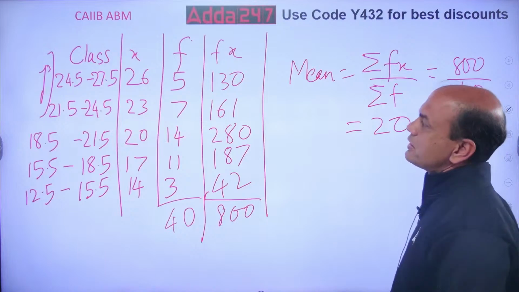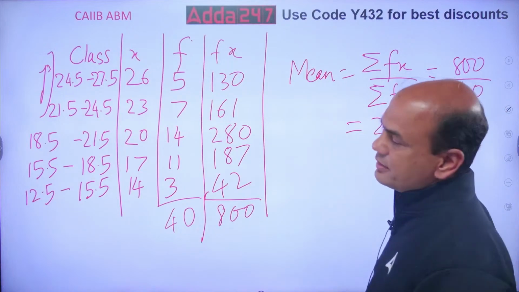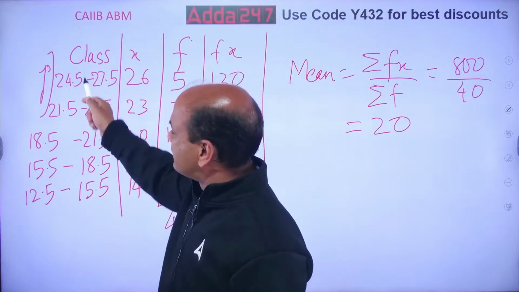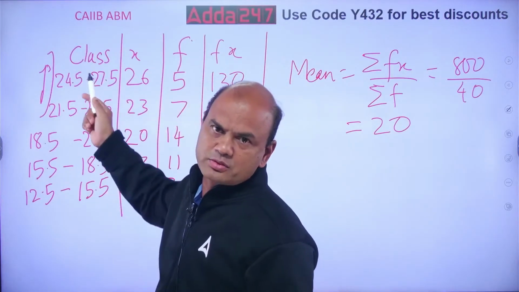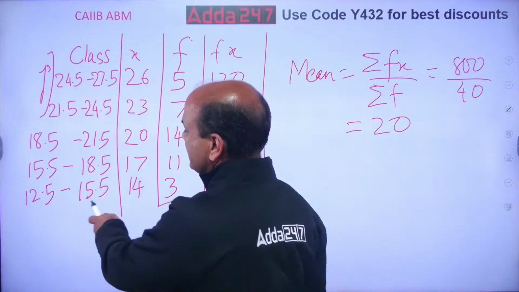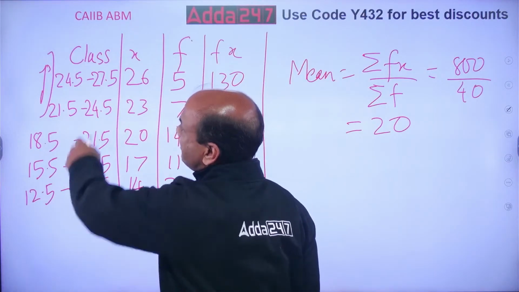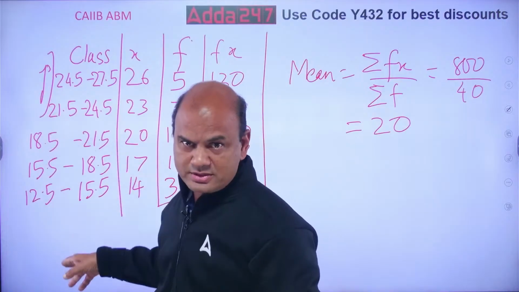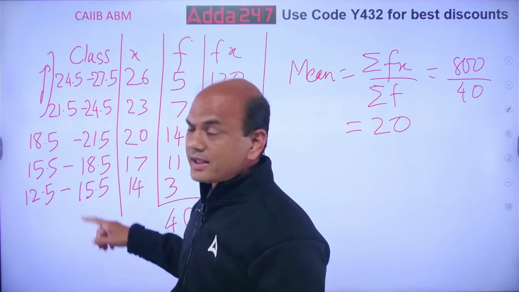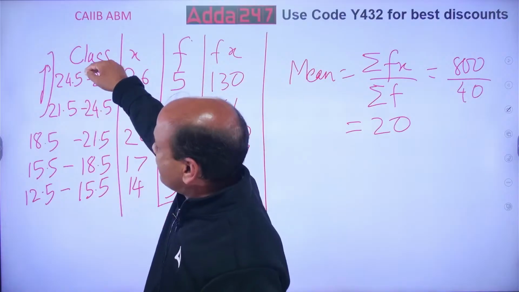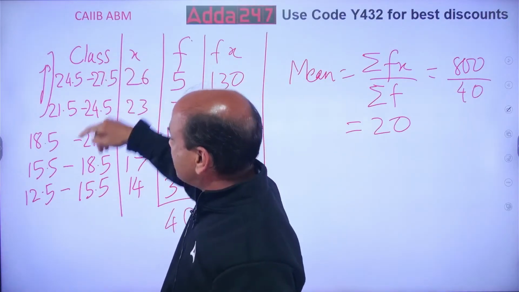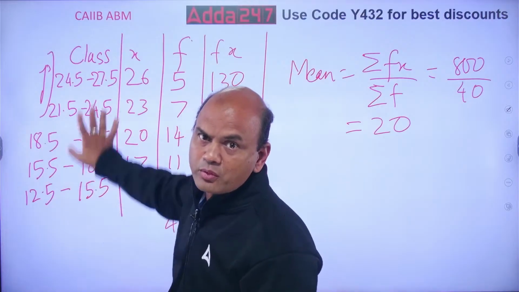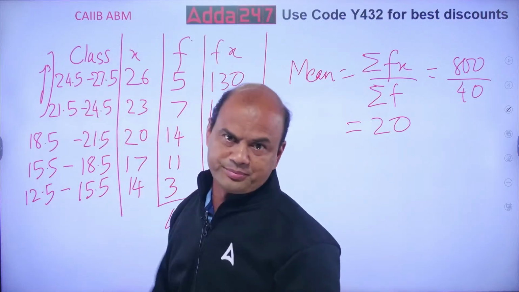Next. So now let's find first mean. So first write all this. See this. Exclusive group. First I have written exclusive group. I am going from lower end to upper end. I can write this in two ways. I can write first 12.5 to 15.5 above, then below, or I can come from up to down.